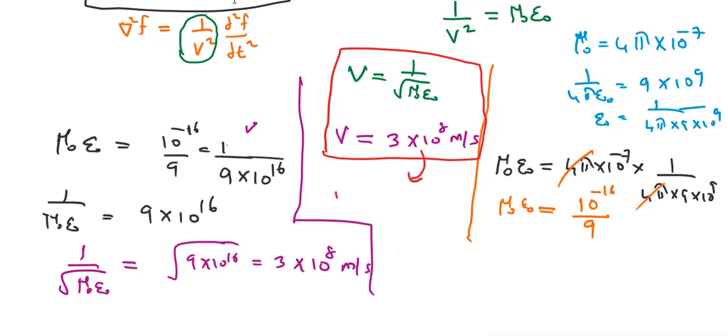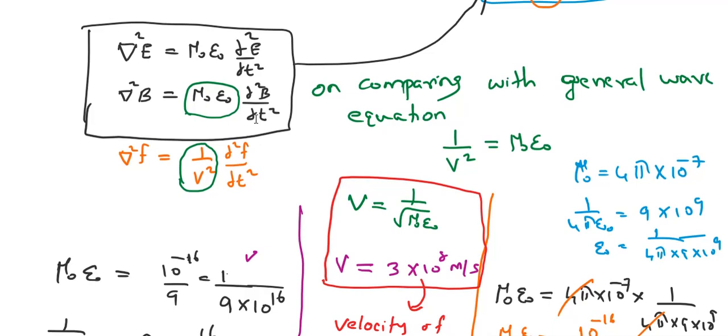This is very interesting because this shows that the field vectors E and B in the wave equation for the electric and magnetic field are propagated in free space as a wave that moves with a speed equal to that of light.